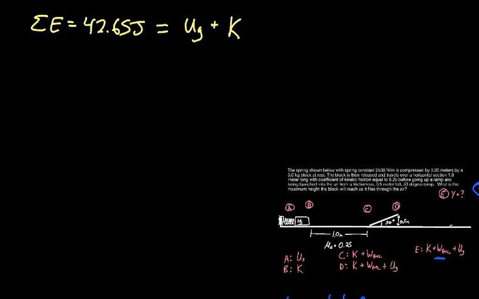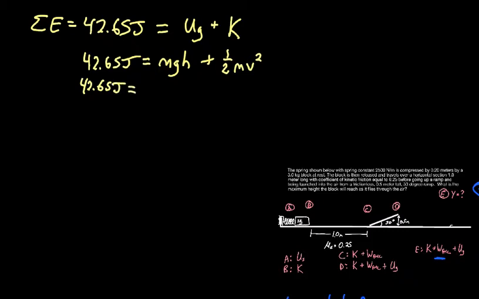So we can solve for one of those by plugging in expressions for each of those. So 42.65 joules still is equal to UG, which is m times g times h, plus kinetic energy, which is 1/2 times m times v squared. Now I know everything in that expression except for the speed. So I can plug in for the speed at which this thing leaves that 0.5 meter tall ramp.